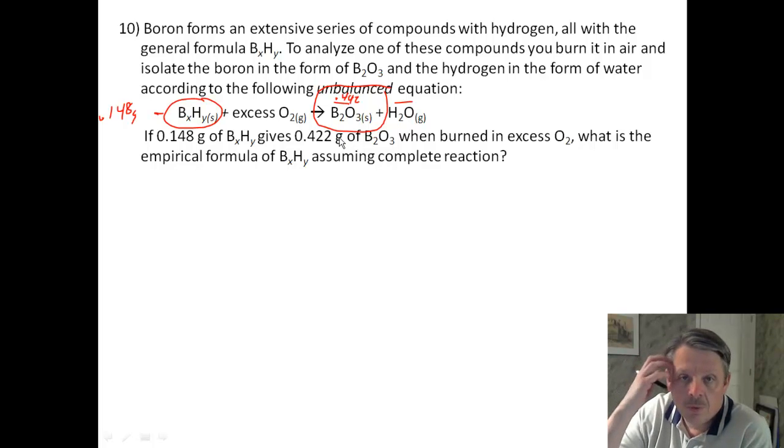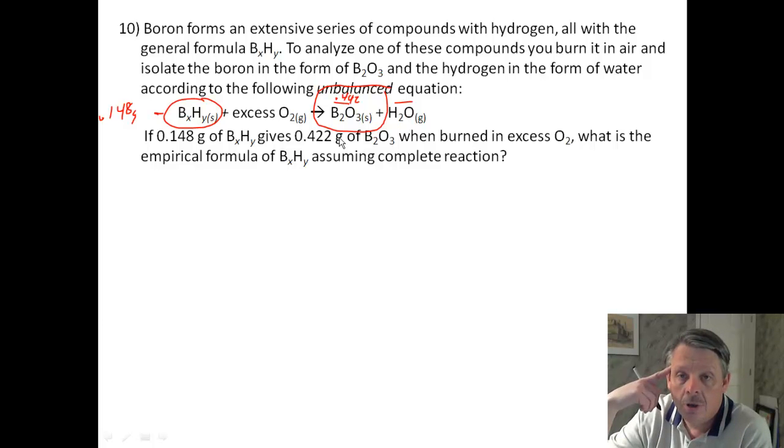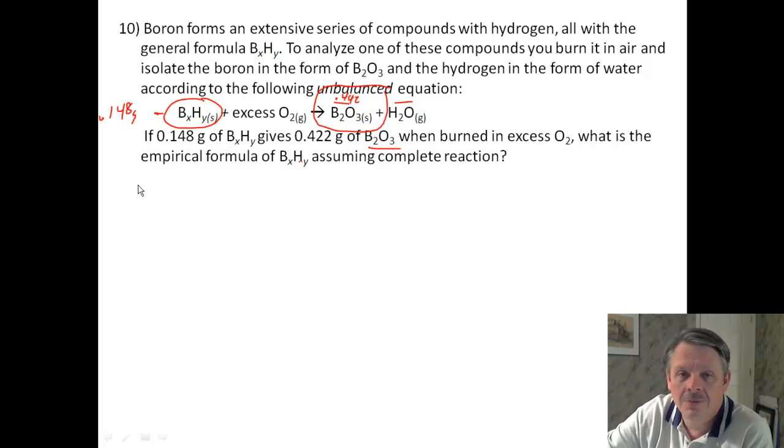So we have to figure out how many grams of boron that is, because we know that's 0.442 grams of boron trioxide or boron oxide, whatever you want to call this thing. I don't even know what it's called. I guess diboron trioxide, maybe. But anyway, we can figure out how much boron that is. All right, so let's try that.